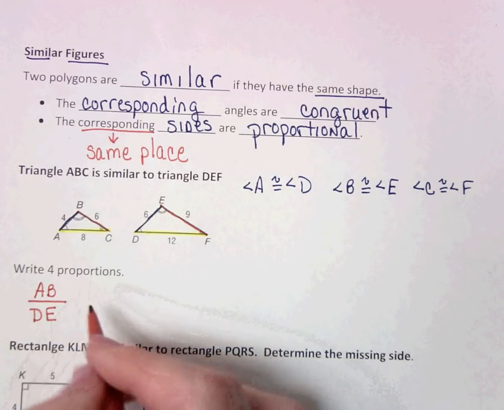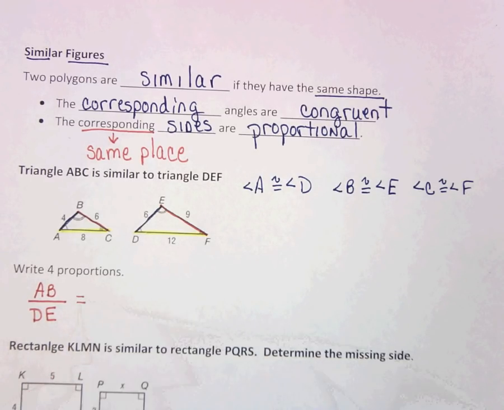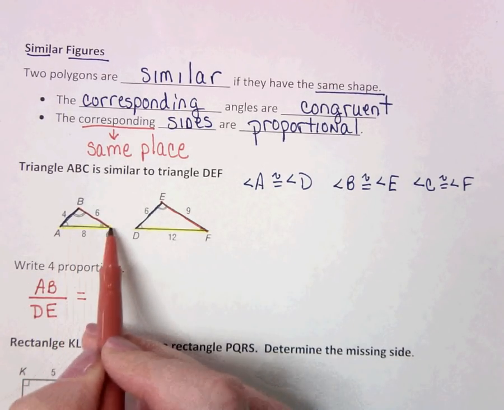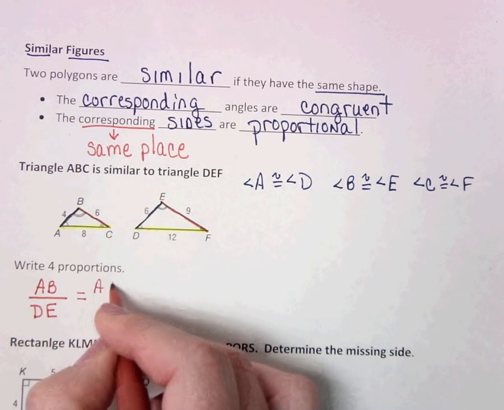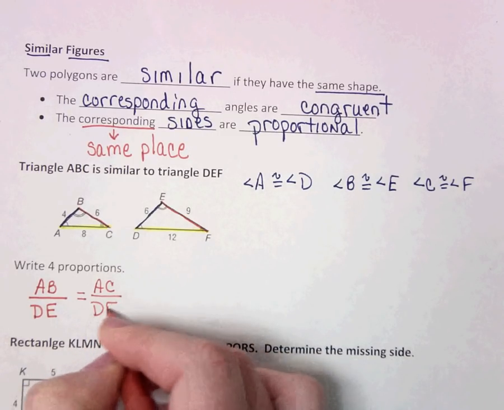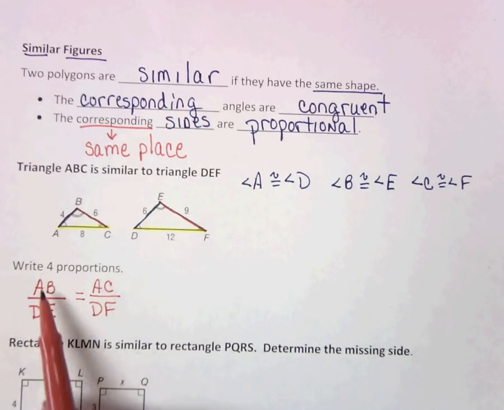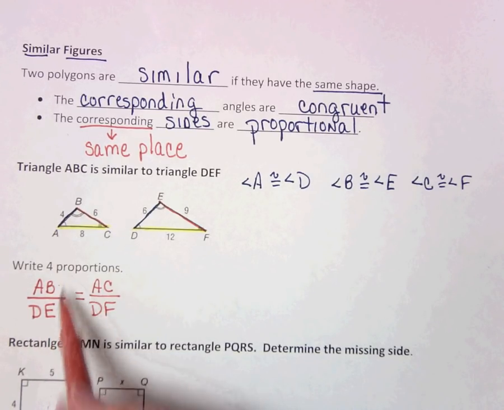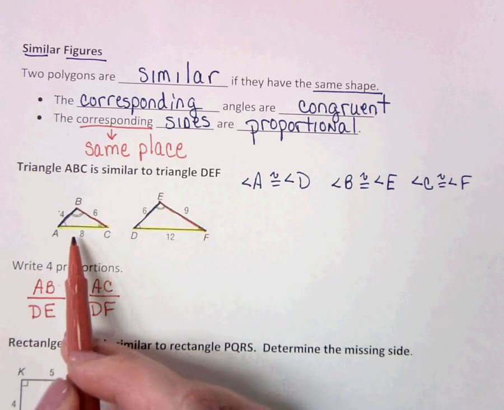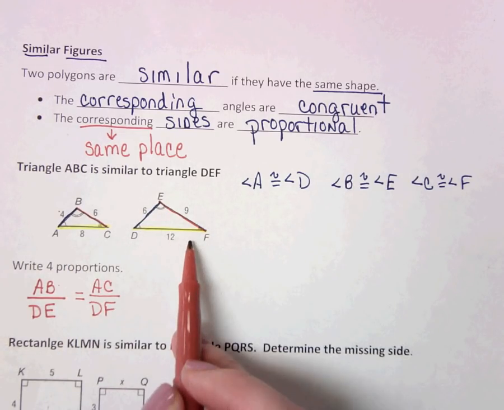And then I'm going to say that it's equal to two of other corresponding sides. Maybe AC and DF. Those go together. So what I want you to notice in this proportion, I put corresponding sides together. AB with DE, AC with DF.